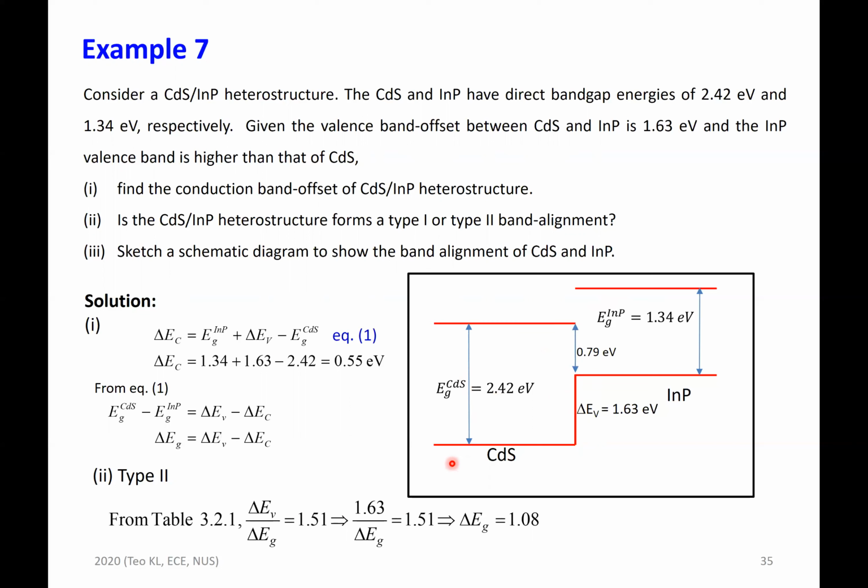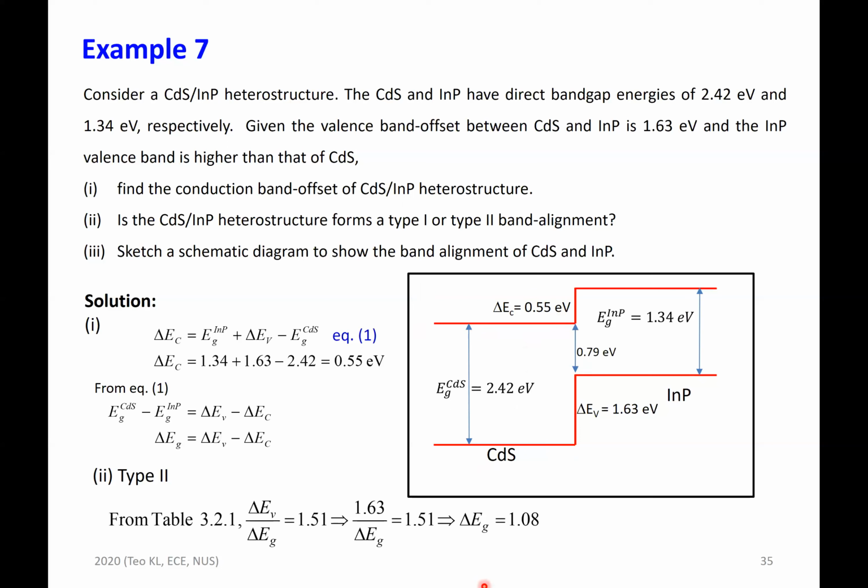That gives me the band gap of cadmium sulfide. So the remaining must be the conduction band offset of 0.55 eV. Straight away you can see this is a type 2A band alignment. It's staggered, a step. So it's staggered.